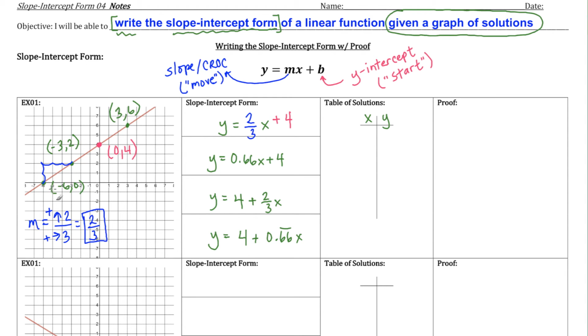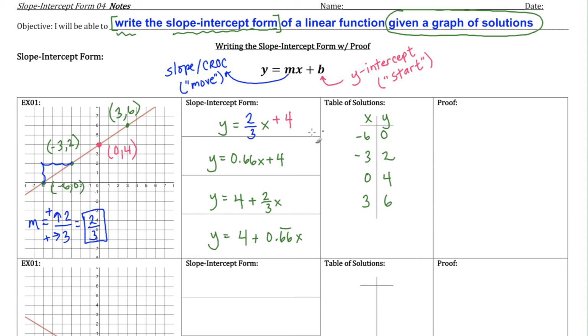So this one was the furthest left. So (-6, 0), and then (-3, 2), (0, 4), and (3, 6). Remember, you don't need to write all of them, because sometimes you'll have a lot of these nice integer or whole number ones. Just put like 4 pairs in here, okay?